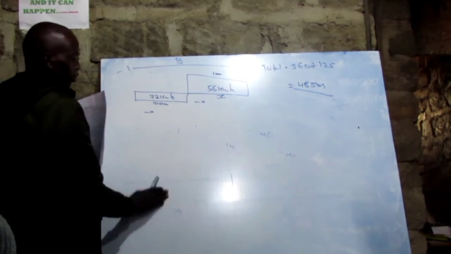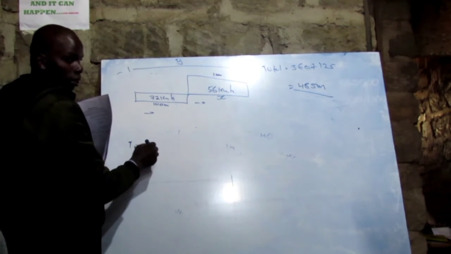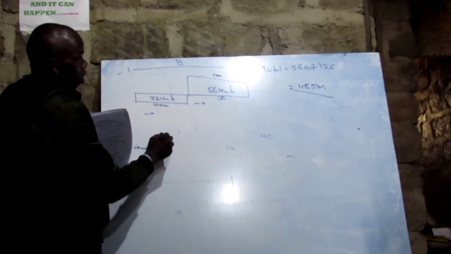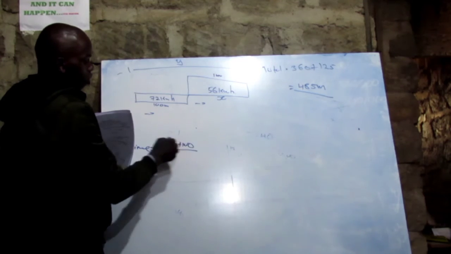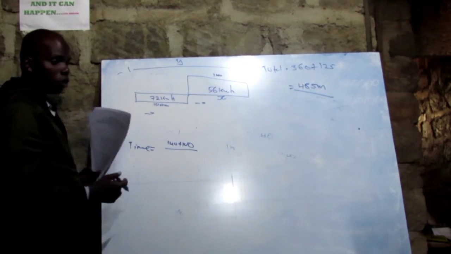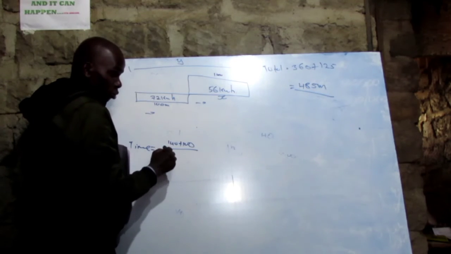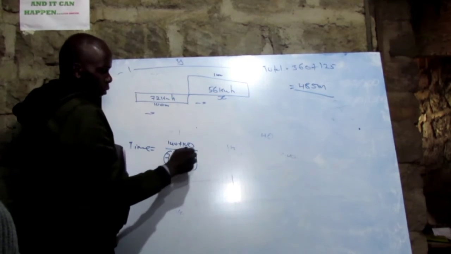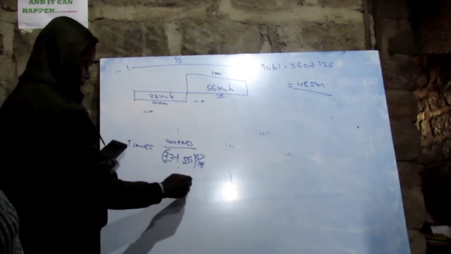The relative distance will be 140 plus 100 over, because they're moving now in opposite directions, 72 plus 56 times 5 over 18. So what's the time? 75 seconds.